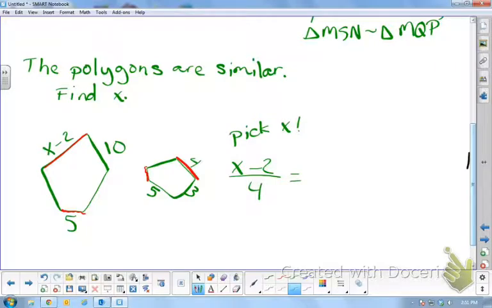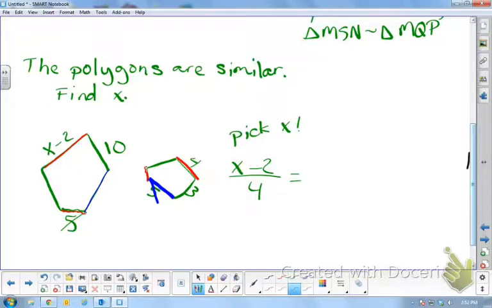Now, we have some extra information. This 5 at the bottom that I highlighted already, it didn't have any other information over there, so I can't use it. It's got to correspond to something. This 5 on this longer side here would probably go with this piece, but that didn't have any information. So we're left with using the 10 and the 3.